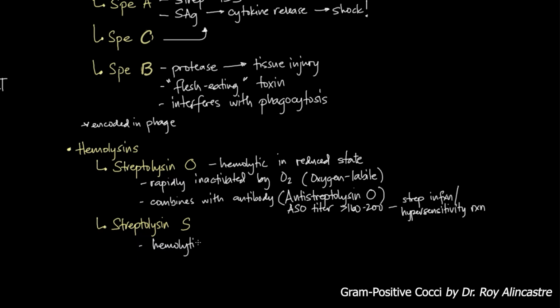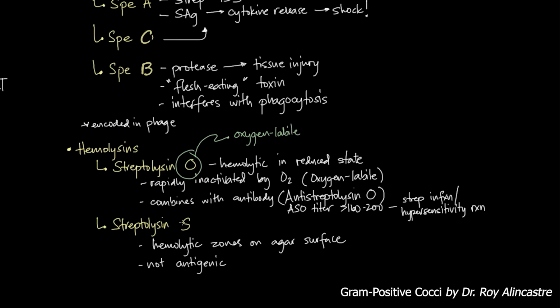Streptolysin S is the one responsible for the hemolytic zones around the colonies on the surface of the agar. But this is not antigenic though. Okay, so just so you don't get confused, streptolysin O is oxygen labile.